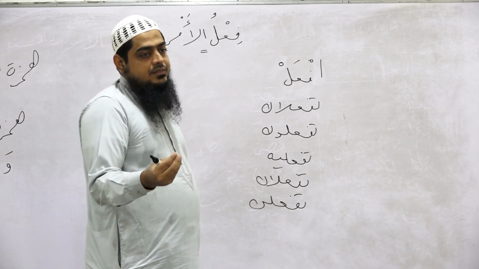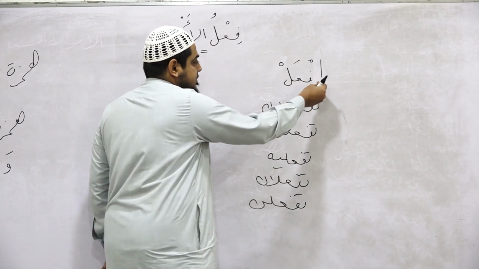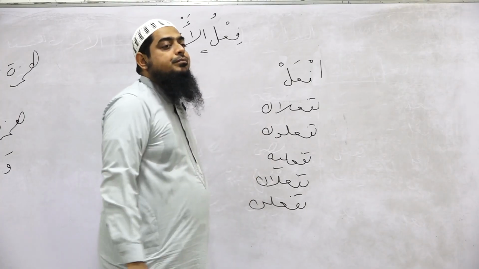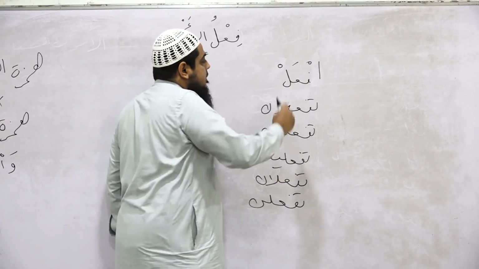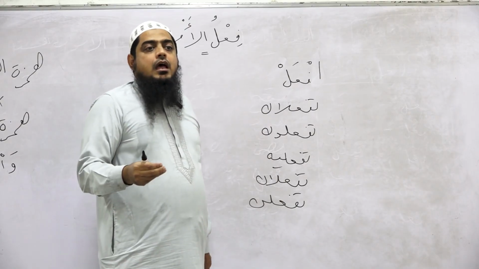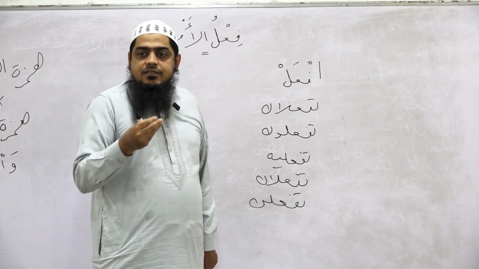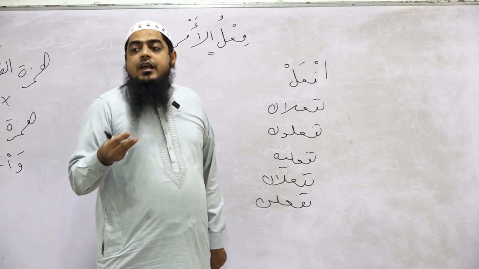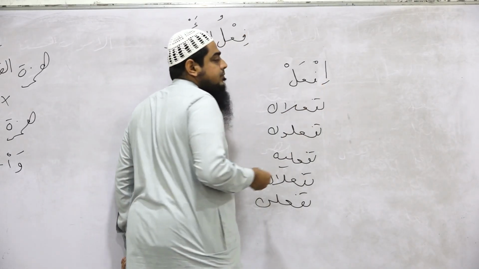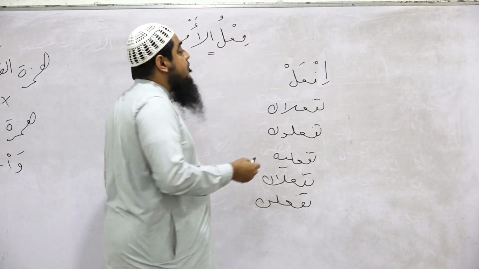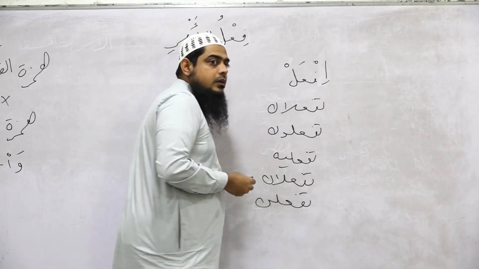And the rule says, in this case, you check for Ainul Kalima. What is Ainul Kalima? Ain here. If it has fatha or kasra, give kasra. If it is having dhamma, then give dhamma.